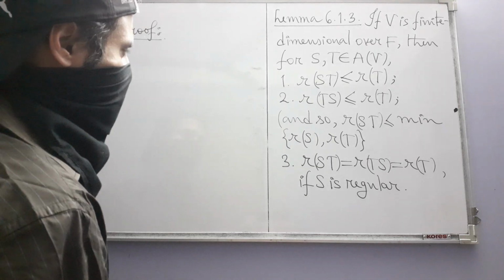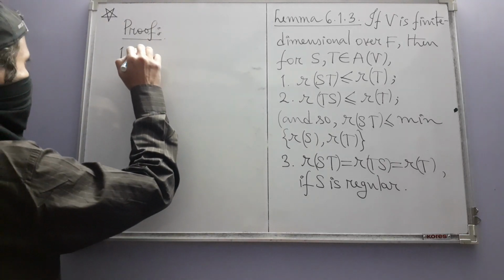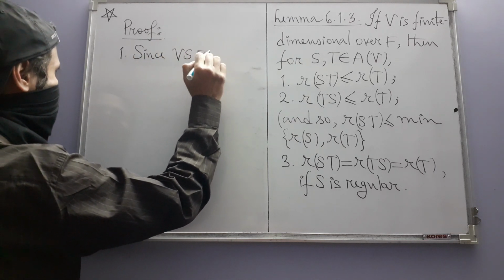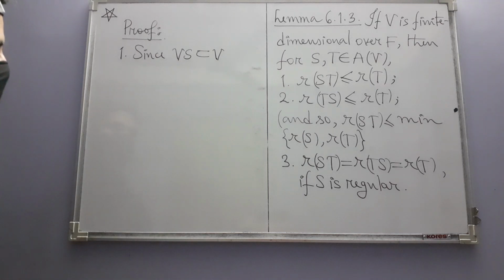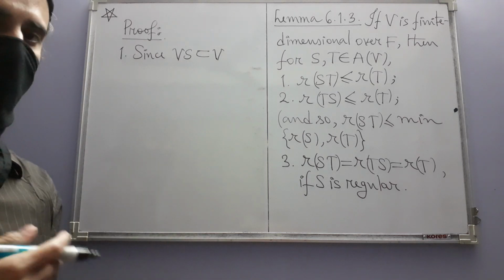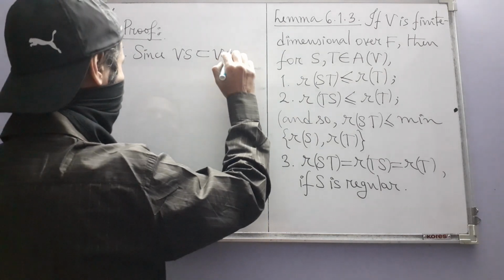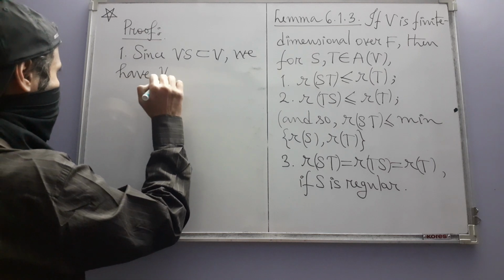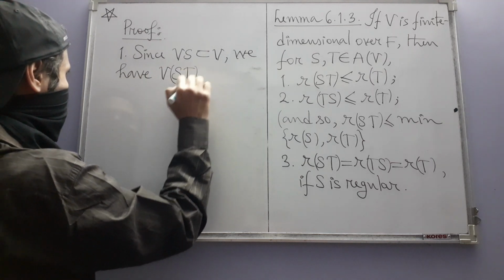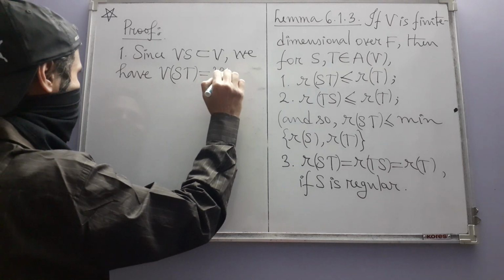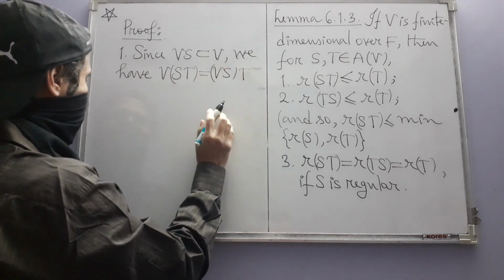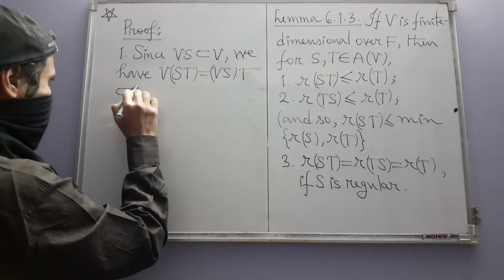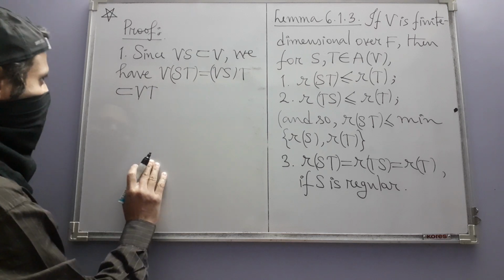Okay, so we need ST. Since VS is a subspace of V, because S after all maps V into V, we have VST, which is VST by the definition of composition, and this is a subspace of VT. Why?